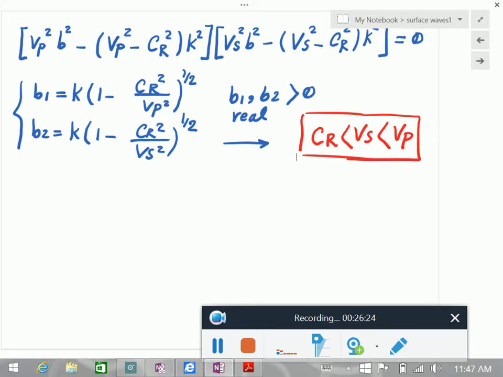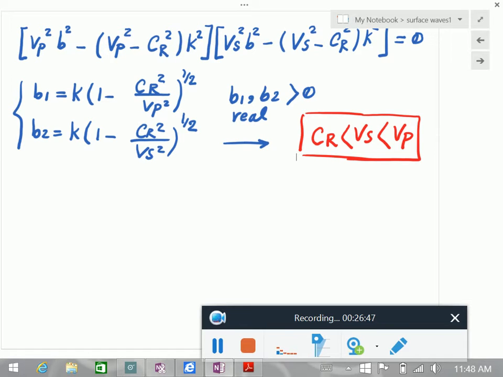So this is how we get to the fact that this cannot be bigger than any of that. Otherwise, this is imaginary, and then it's not going to go exponentially decreasing, right?